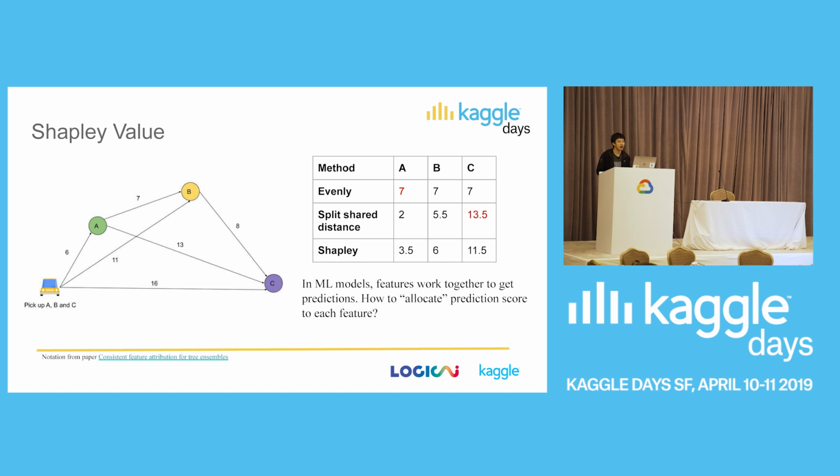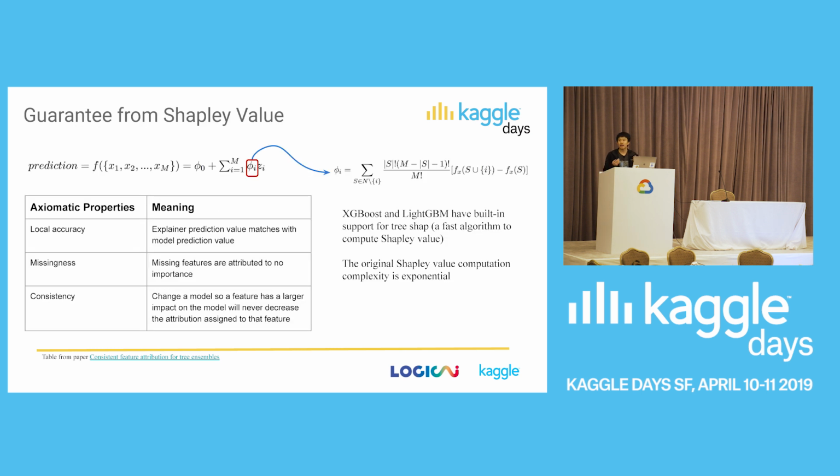That's why this theoretical framework gets introduced, and it beautifully solves this problem. If you replace the phi you saw before in the feature attribution with the Shapley value, this Shapley value has pretty good properties.